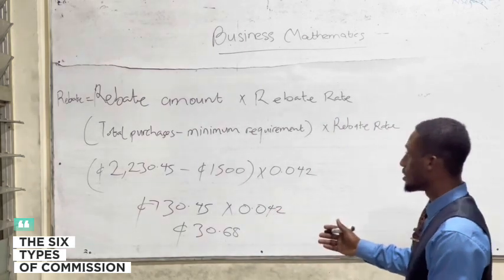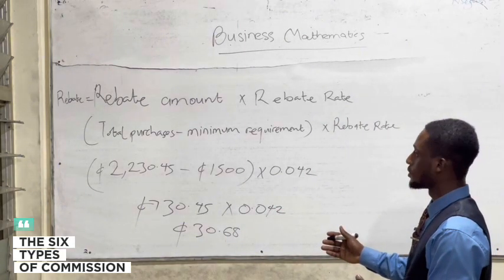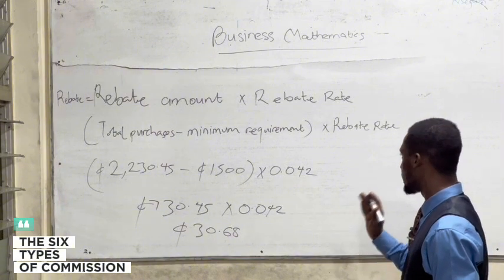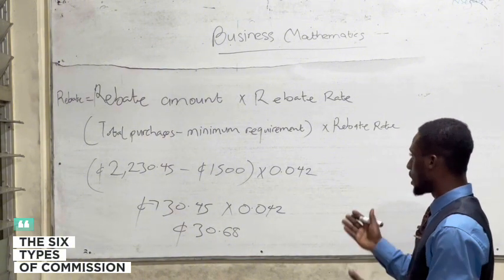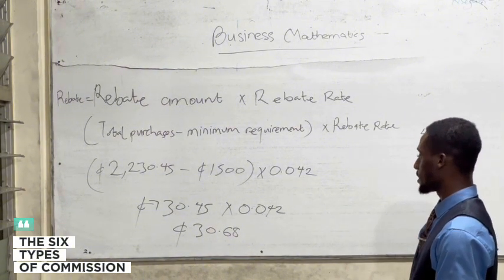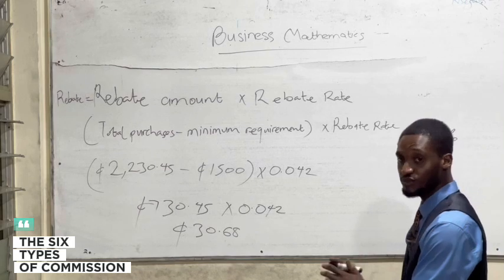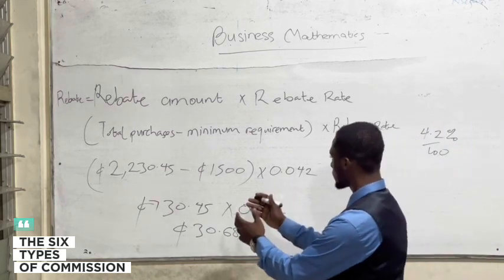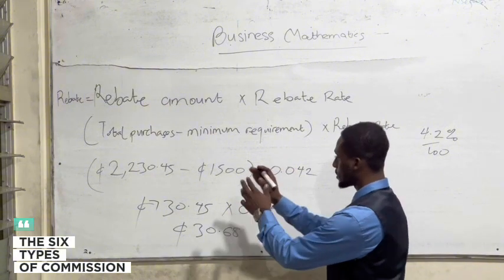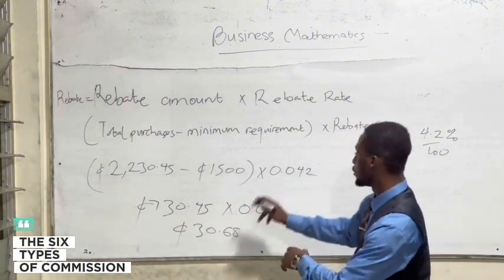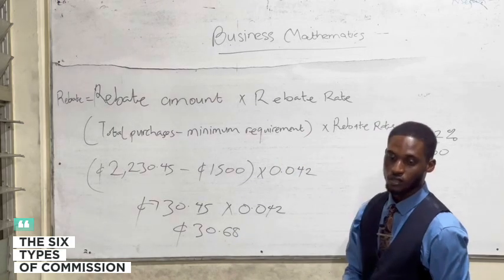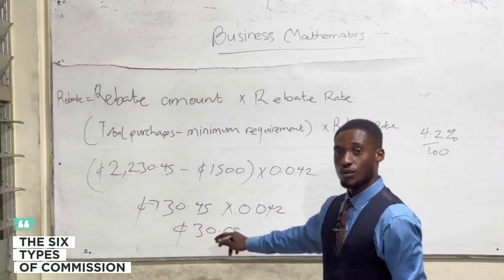So rebate equals rebate amount times rebate rate, where rebate amount is total purchases minus minimum requirement. You multiply it by your rebate rate, summing up to your actual rebate.